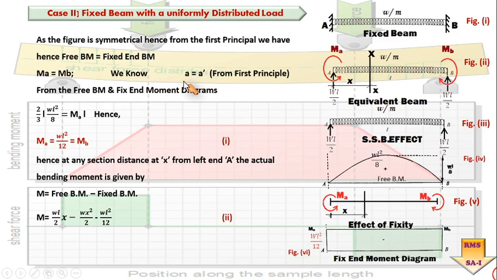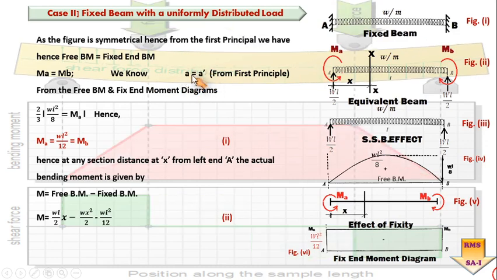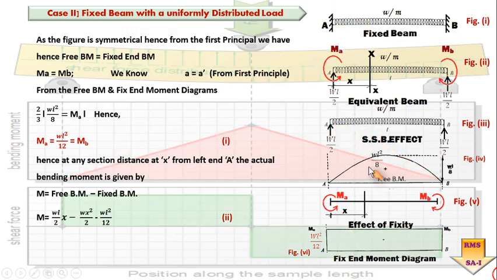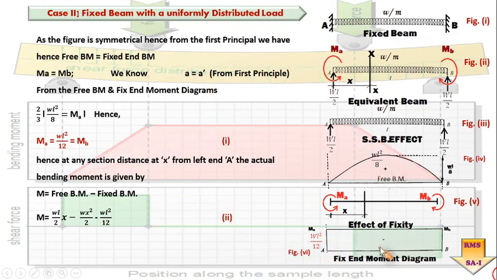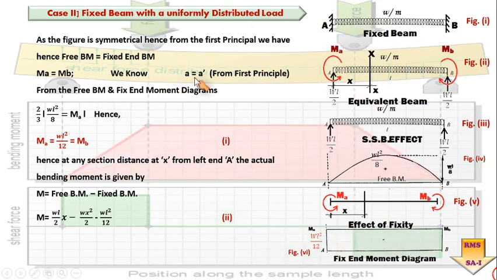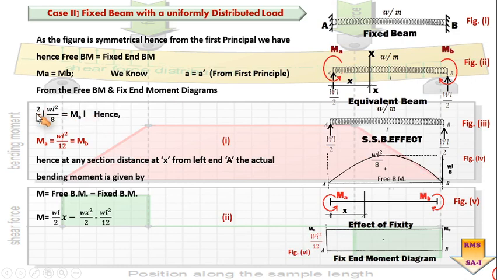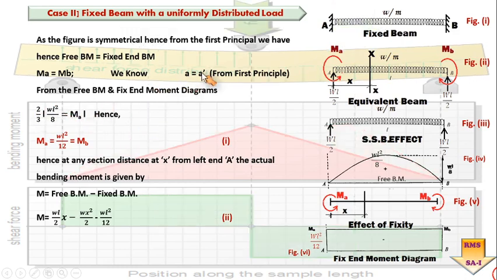And from the first principle we came to the conclusion A is equal to A dash. A is the area of the free bending moment diagram, and A dash is the area of the fixed moment diagram. Having this understanding, the left hand side is A and the right hand side is A dash.